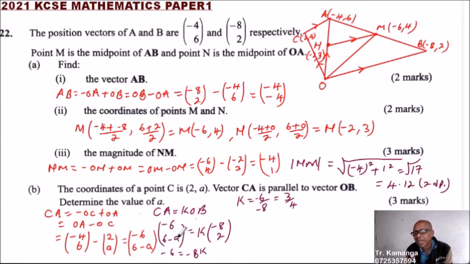With that, we can equate again. 6 minus a is equal to 2 multiplied by k, which is 3 over 4. We can simplify: 6 minus a is equal to 3 over 2. Once you get that, you can take a to the other side.